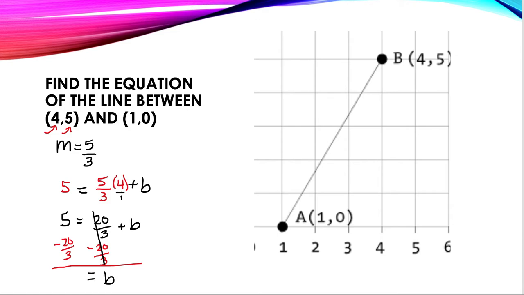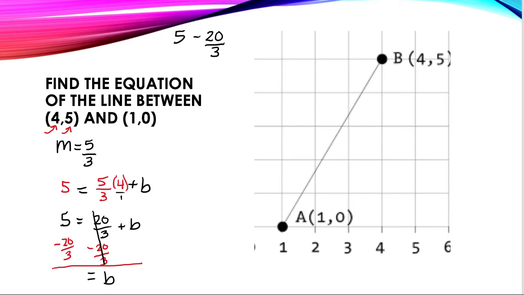And now I need to figure out what 5 minus 20/3 is equal to. The easiest way to do this is probably to put it in your calculator, but if you don't have that option, then you're going to need to take the 5 and write it with a denominator of 3. So you need to come up with a fraction that is equivalent to 5 that has a denominator of 3. So I could do that by writing it as 15/3.